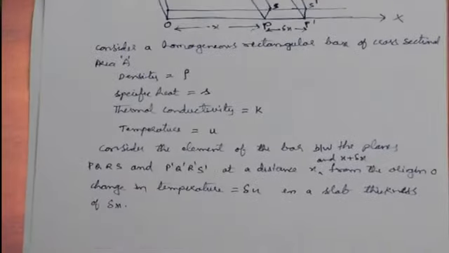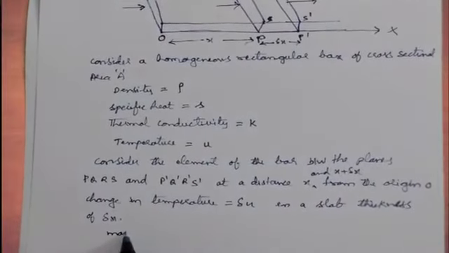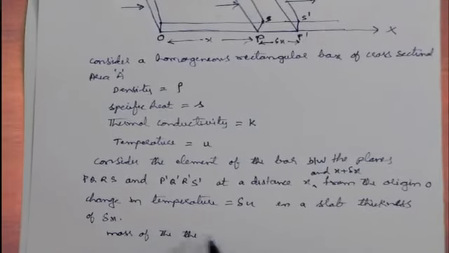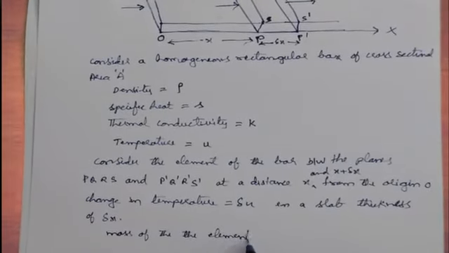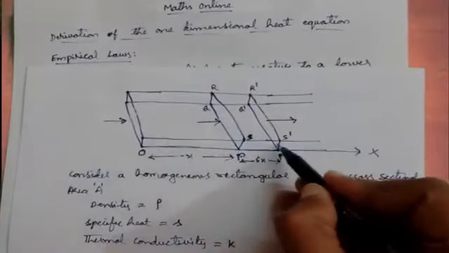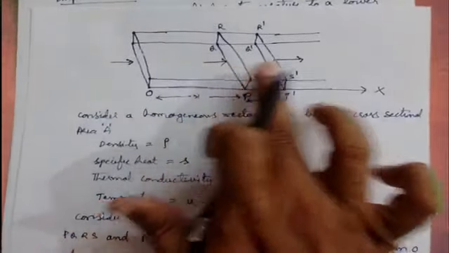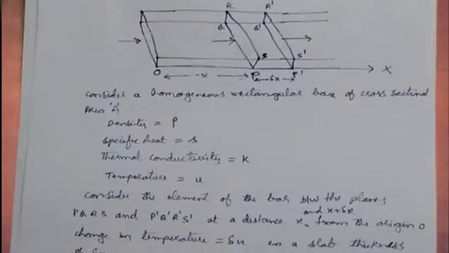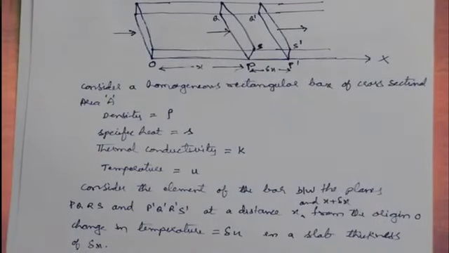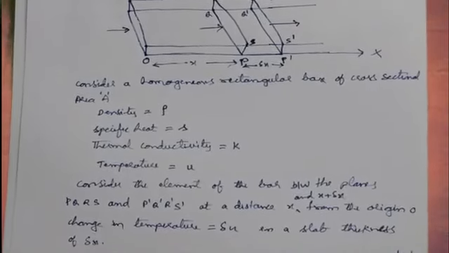Now let us try to see what will be the mass of the element. Only this element we are considering. What will be the mass of this element where the heat enters and the heat leaves the cross section area? As we know, the basic definition of mass is density into volume.